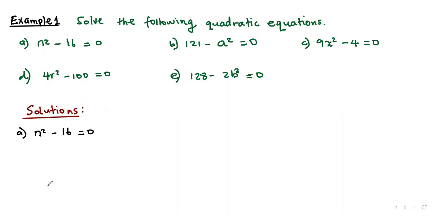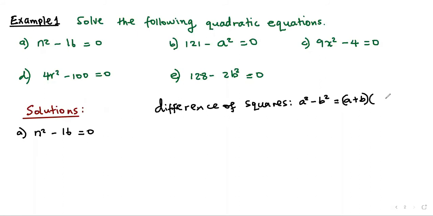Now, I want you to remember in Maths 2, when we were factoring quadratic polynomials, there is where we need to factorize these quadratic polynomials using the difference of squares, where we said that a squared minus b squared equals a plus b into a minus b.